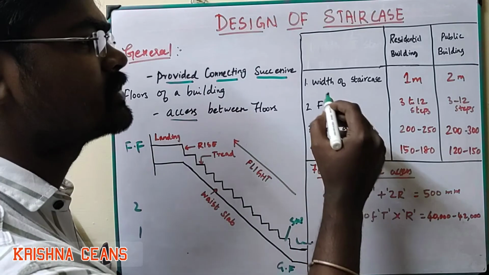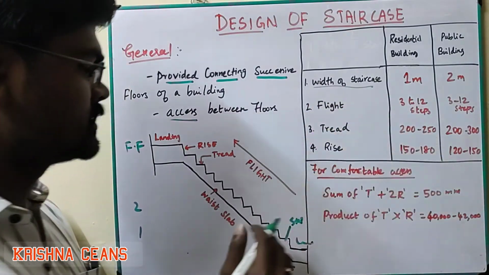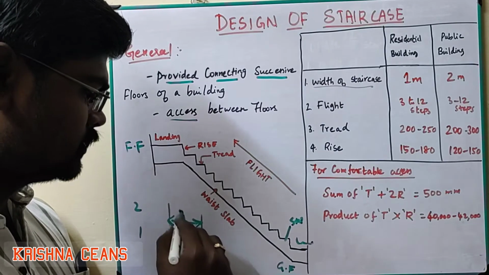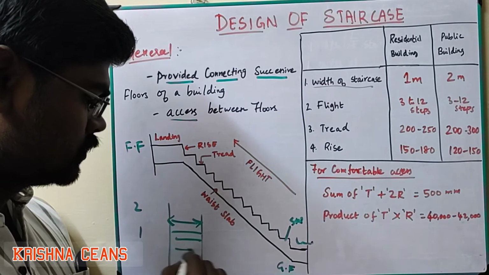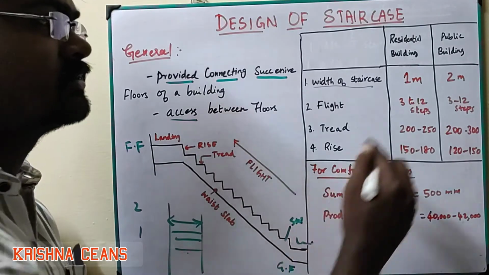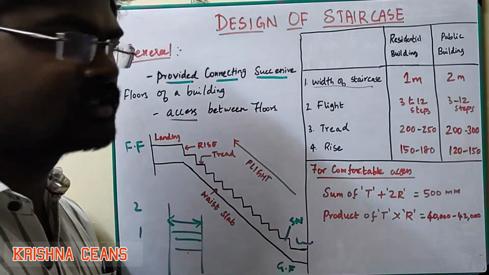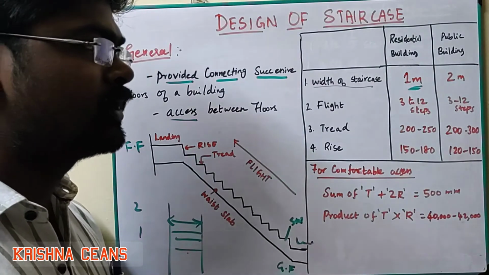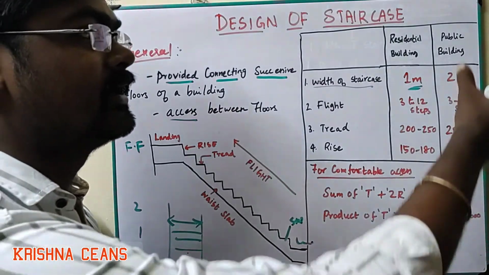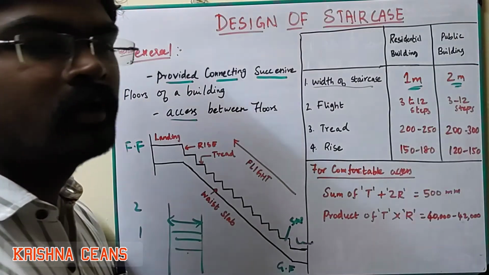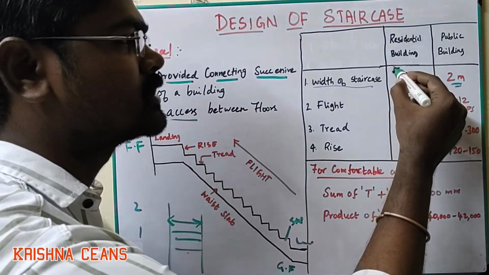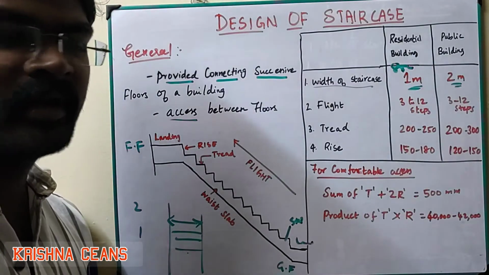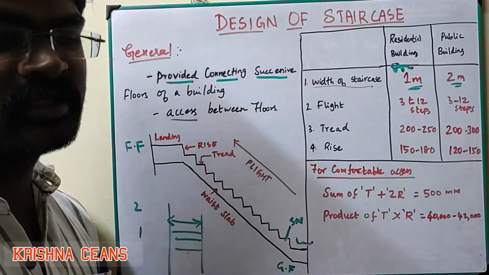In case of width of staircases, it depends upon the function. In a residential building, we have to provide 1 meter for comfort. In a public building we have to provide 2 meter. 850 mm is enough for comfort in a residential building.